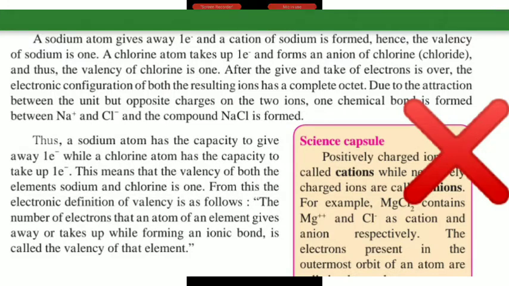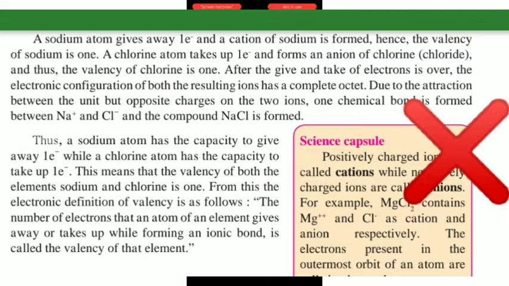So you can give the electronic definition of valency. The electronic definition of valency is as follows. The number of electrons that an atom of an element gives away or takes up while forming an ionic bond is called the valency of the element. So you can explain the terms anion, cation and valence electrons.